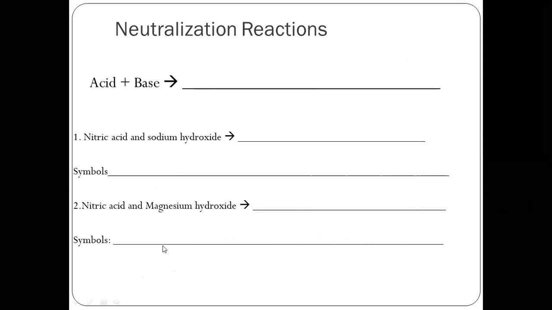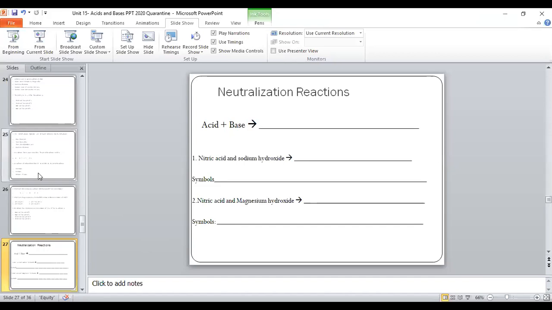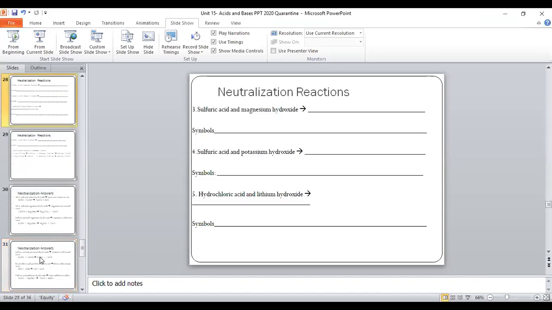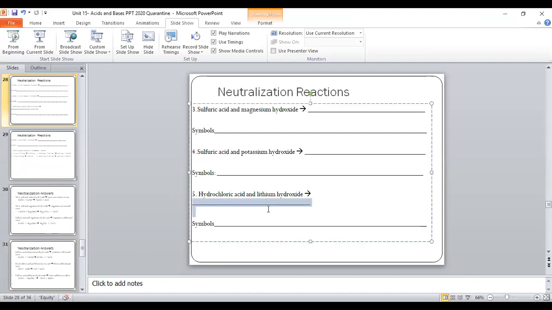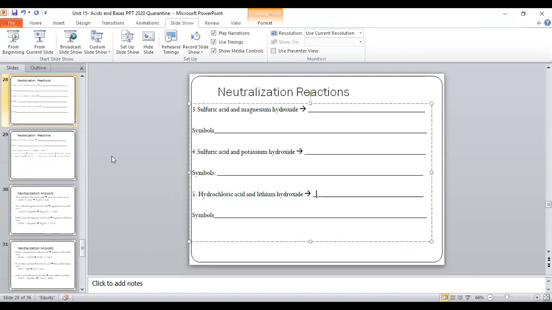Okay, number 5 has hydrochloric acid plus lithium hydroxide. All right, so I'm going to go into my reference table. Hydrochloric acid is right here, HCl, and lithium hydroxide is not.